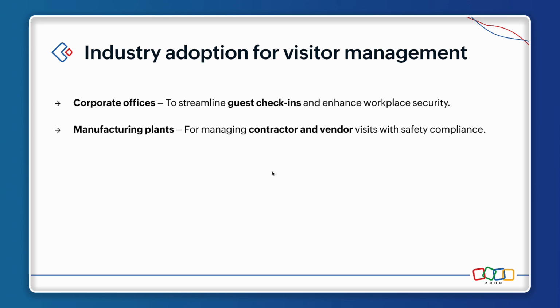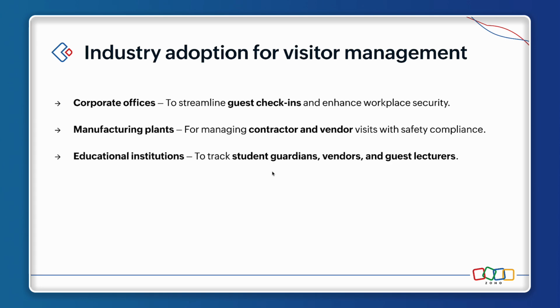When you take a manufacturing plant, any third-party service providers like contractors, vendors, and delivery persons would enter the plant or the premises, right? When you take an educational institution, students might come into the institution to enroll for a course, or students' guardians would come for a meeting, or it could be a vendor or a guest lecturer getting into the premises, right?